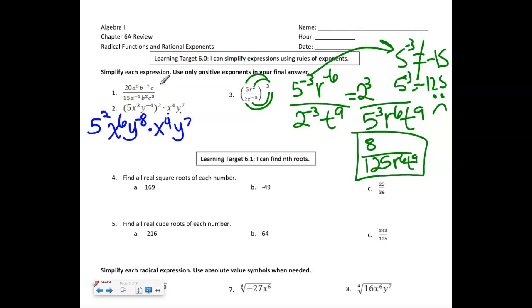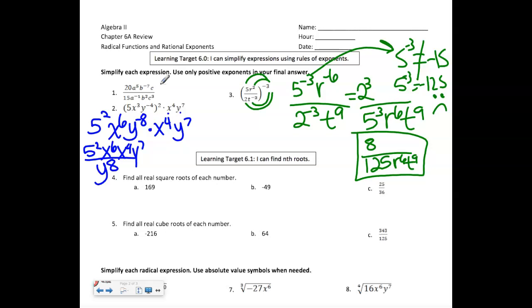From here, it's your preference. I like to move things where they need to go. I like to move around my positives and negatives. I see that everything is positive except for the y. So the 5 squared is going to stay on top, x6 is going to stay on top, x4 is going to stay on top, y7 is going to stay on top, but y to the 8th is going to go to the bottom.